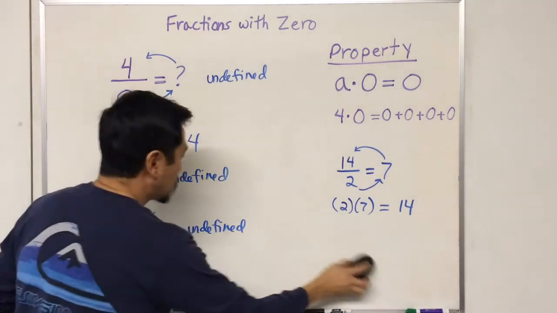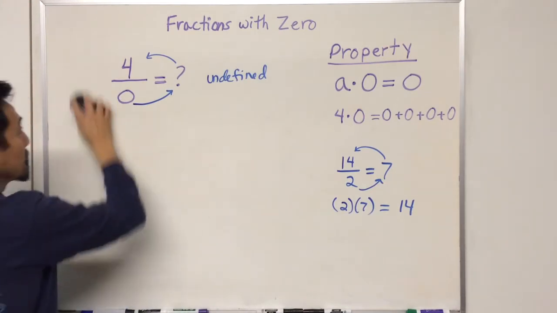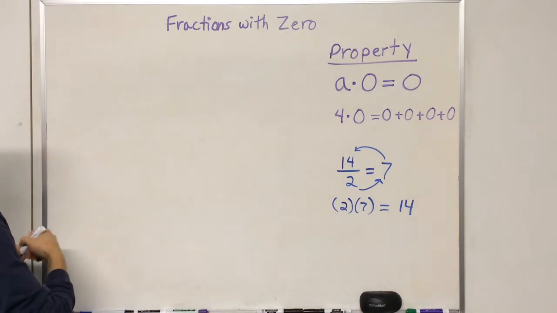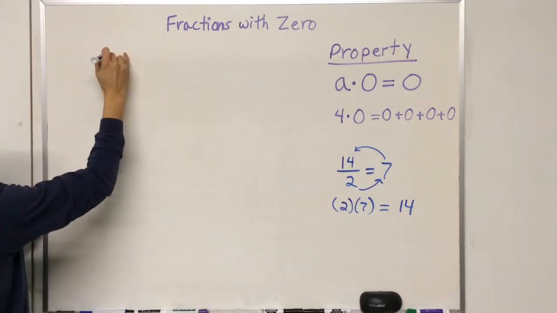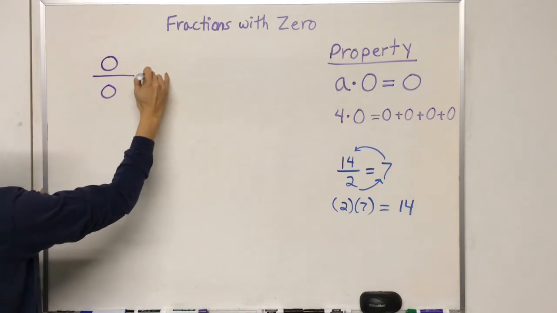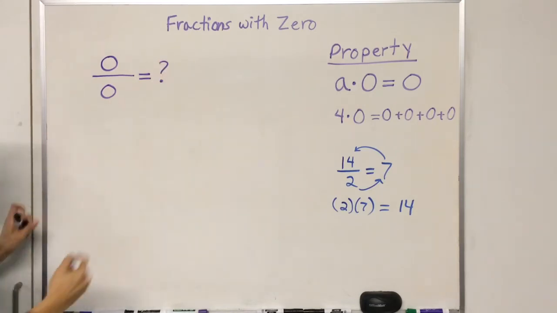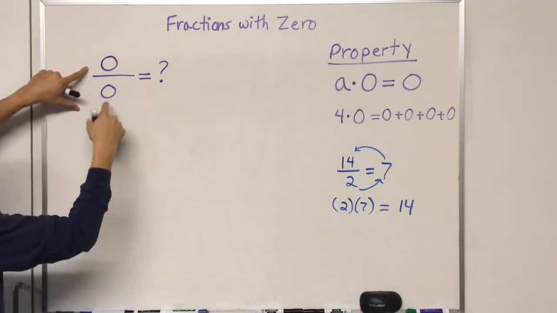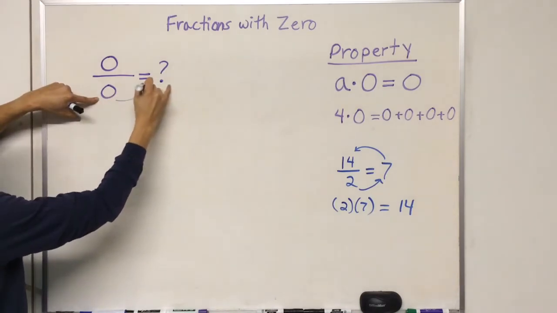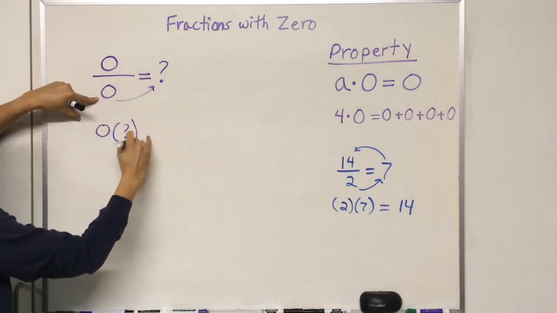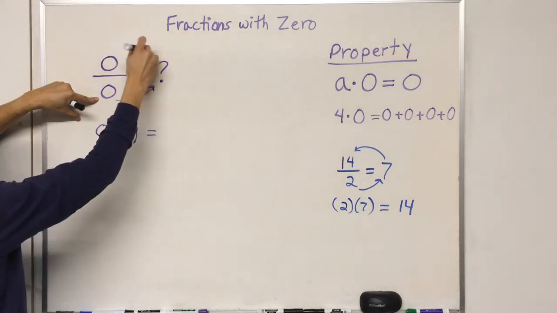Okay, let's look at one more type. And the third type is where the numerator is 0 and the denominator is also 0. Okay, and so we're trying to figure out what value would satisfy this. Well, again, let's rewrite it. 0 times what number would give us the 0 on the top?